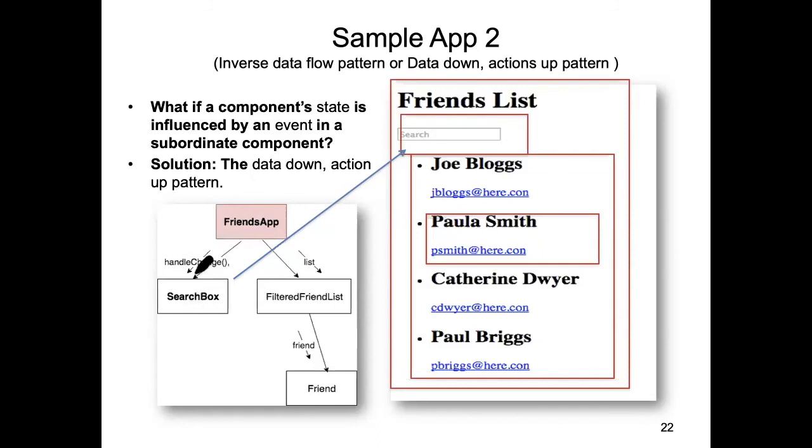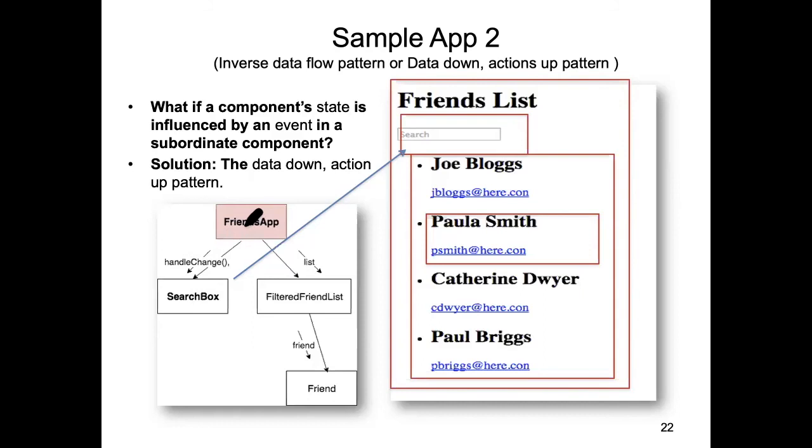And so the way it works is the Friends app component will pass a function reference down to the search box, and the search box component will invoke that function whenever the event occurs. In other words, when the user types something into the text box.